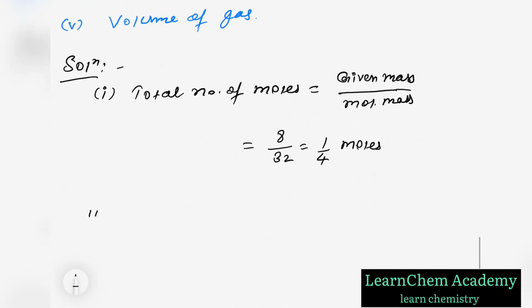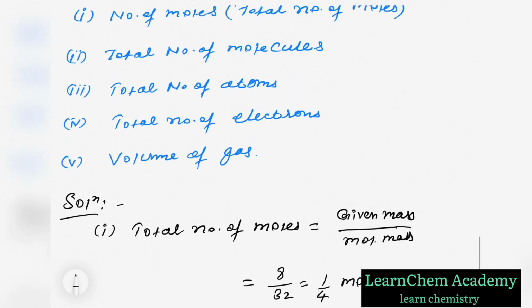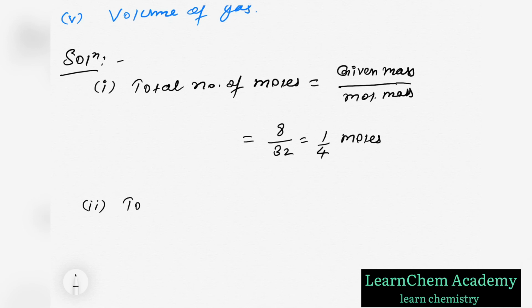So second question is total number of molecules. So in case of molecules, we have to multiply given moles by Na.